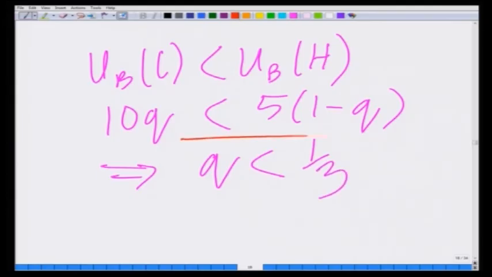When q is strictly less than 1 by 3, then his payoff from cricket is strictly less than the payoff from watching the Harry Potter movie.